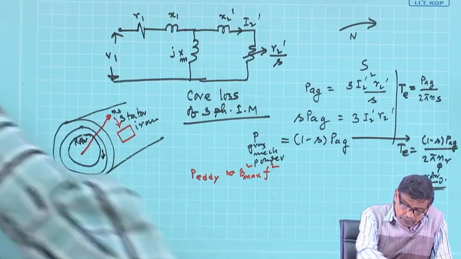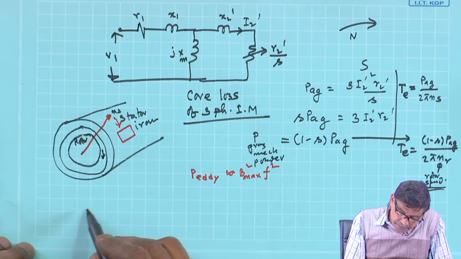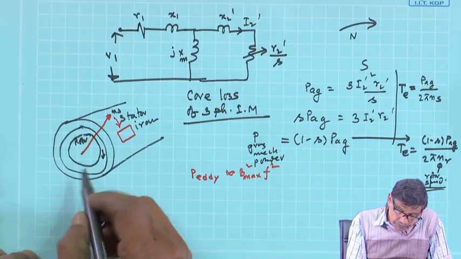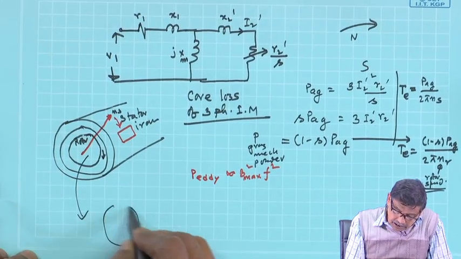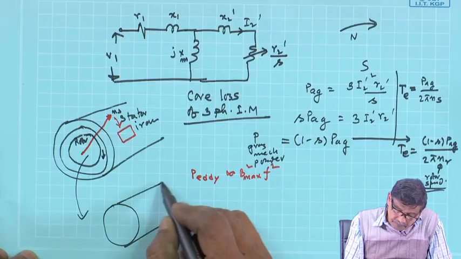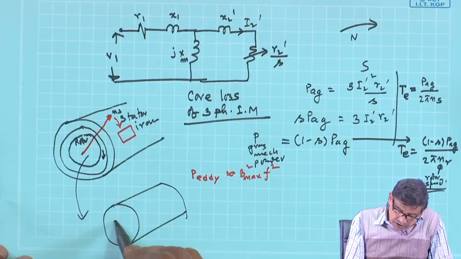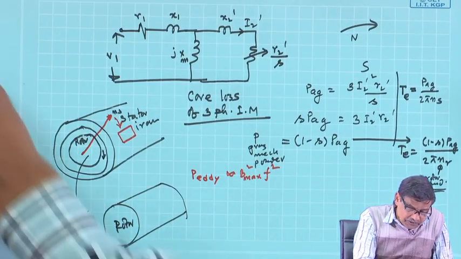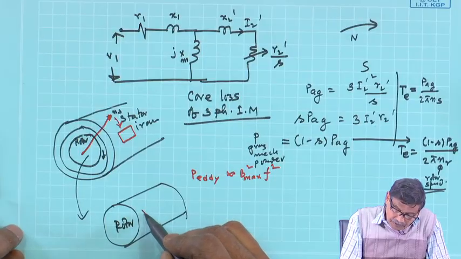Now, on the rotor body, suppose I am drawing the rotor body separately, rotor iron, this is the rotor. Also, you consider a loop on the rotor iron.